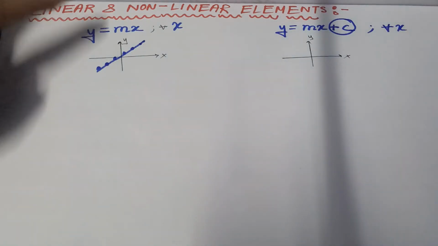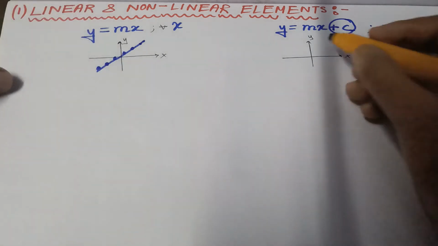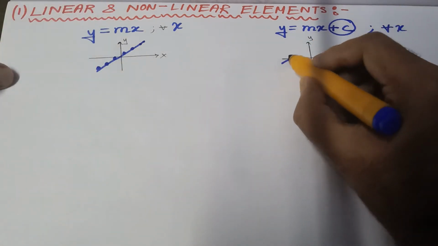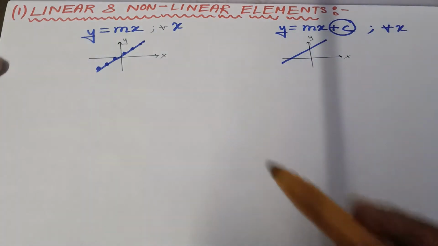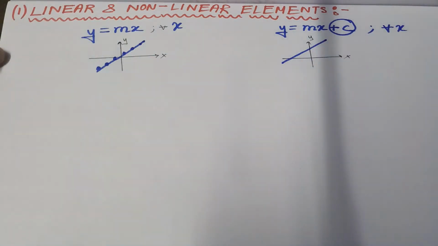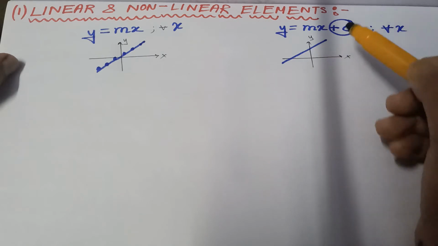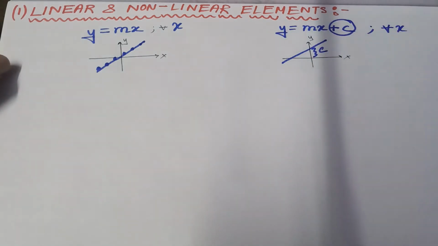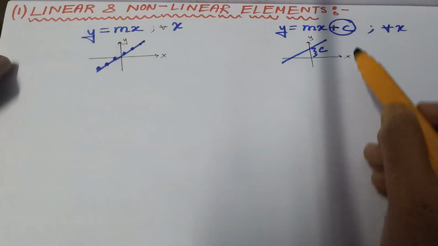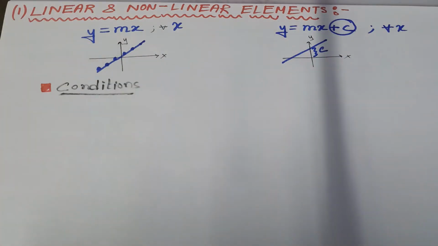That means this line will be shifted by some value c. So this graph will not go through the origin, whereas the slope of these two equations will be the same. But just see that the graph is not passing through the origin. The distance from the origin will be c, because all the points are shifted by c, right?